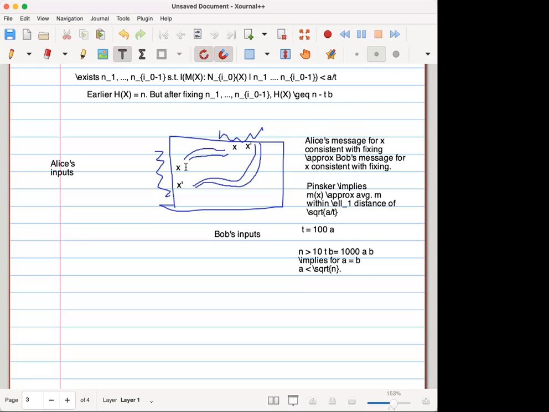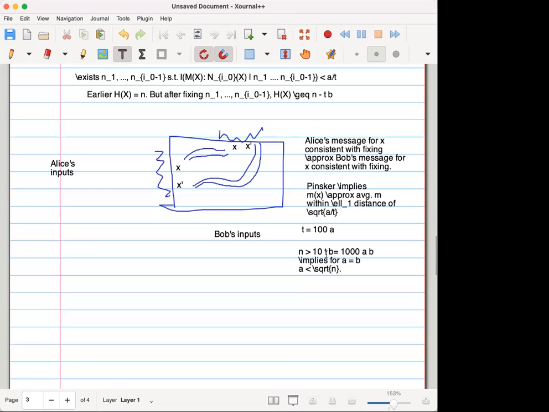This is a contradiction. The contradiction came because we assumed that there was enough entropy left in X, I mean, there were several inputs consistent with it, in particular at least two, X and X prime. So N was reasonably larger than T times B. So this gives the contradiction.